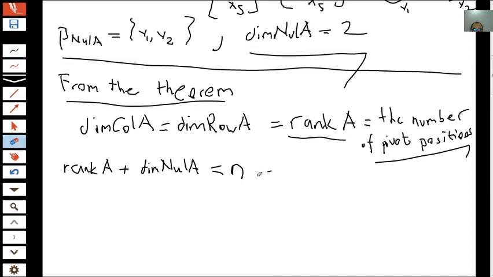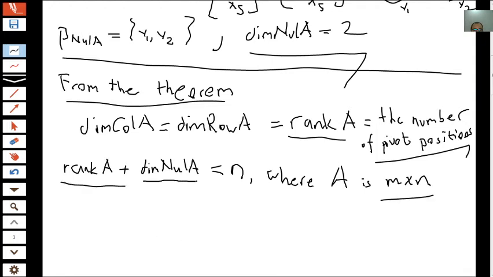Or let's write in this form, where A is an n by n matrix. The rank A plus the dimension of the null space of the matrix A is equal to the number of columns, the second number in the size, as you can see.